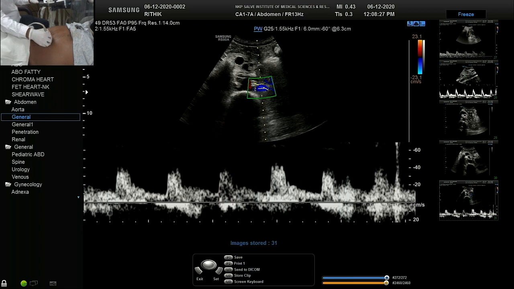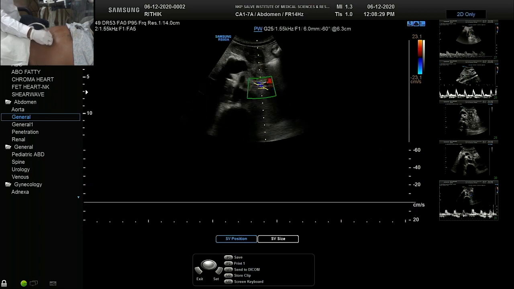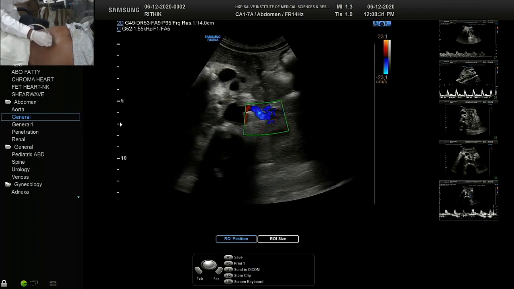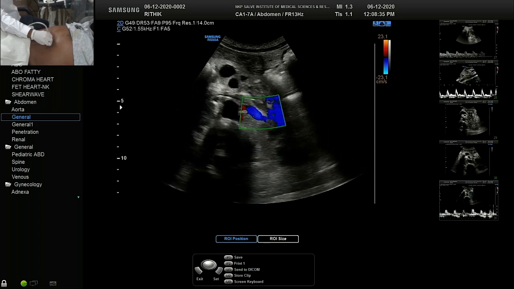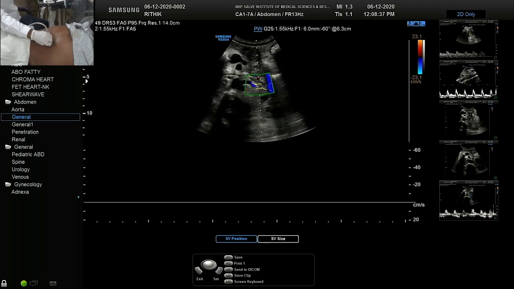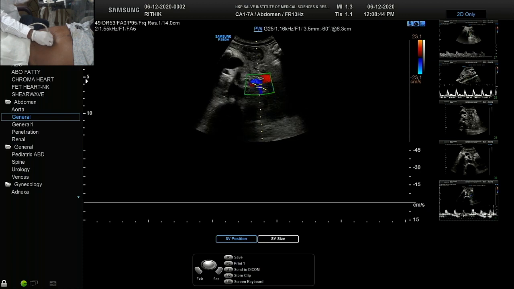So you see a very low amplitude flow with angle correction. Velocities are not more than 40 here. We'll check them again. We'll reduce the sample volume size so that we get a good spectrum.